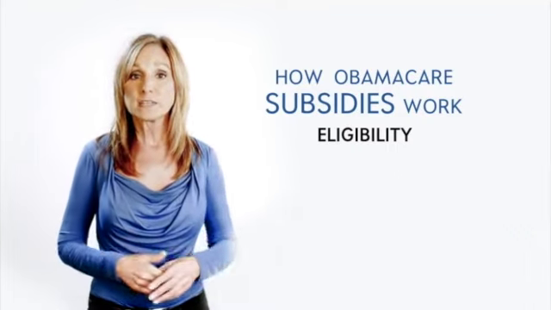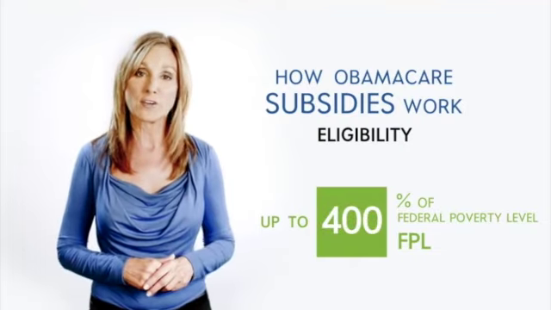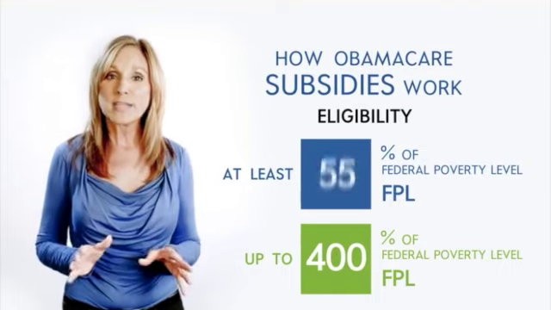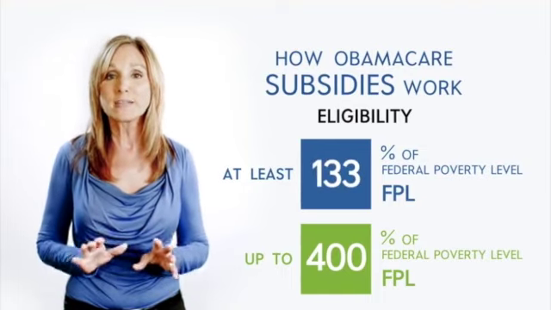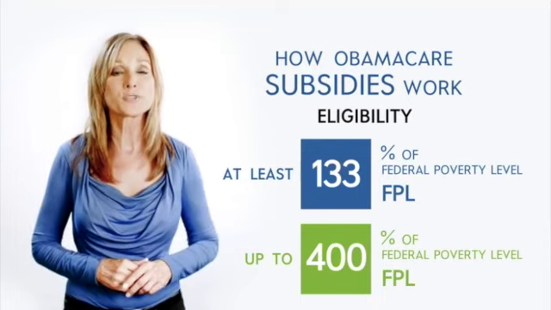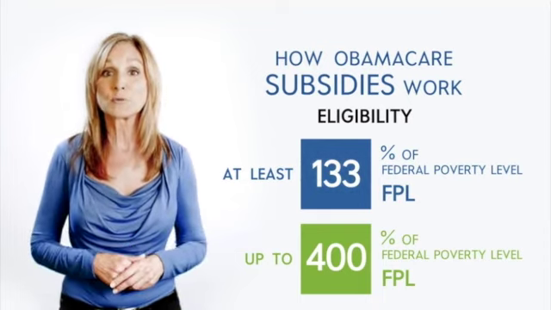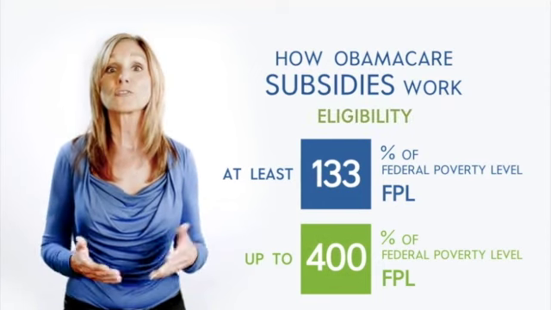Next, your monthly income must be at or less than 4 times the federal poverty level, or 400% FPL. In some states, Medicaid availability has been expanded to cover incomes up to 133% FPL. So if you fall between 133% and 400% of FPL, you may be eligible for a health insurance subsidy.